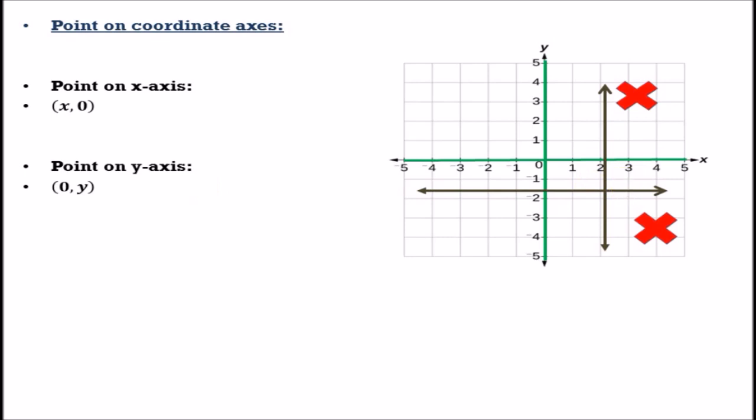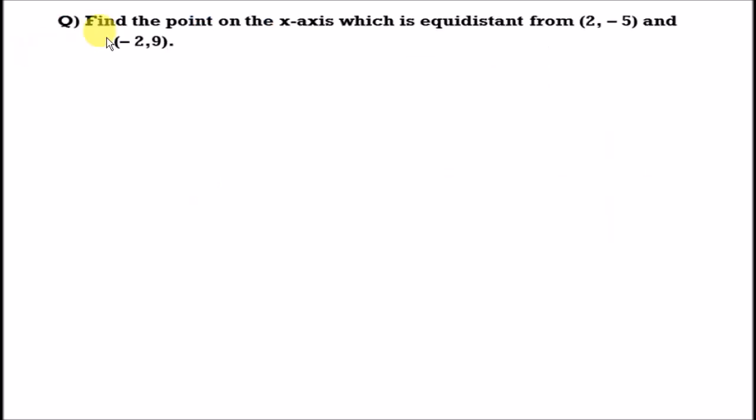The question now: find the point on the x-axis which is equidistant from the 2 points 2, -5 and -2, 9. Now we are considering the points as A and B, A (2, -5) and B (-2, 9). The point in the middle, since the point was on the x-axis, we are considering it to be P (x, 0).